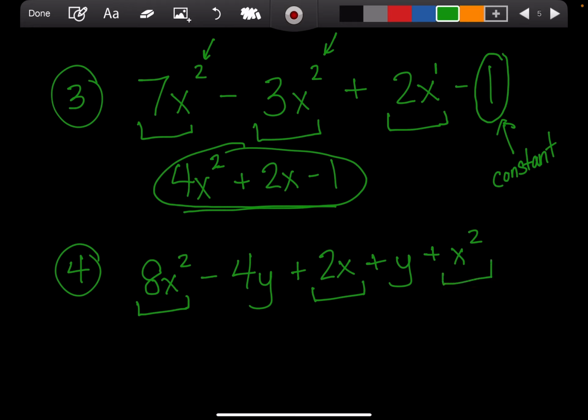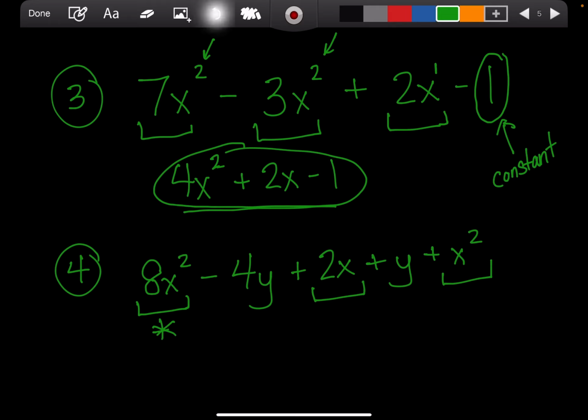Well, only 2 of them, 8x squared and x squared, only those 2 are like terms, not 2x. Because x only has an exponent of 1 there, and therefore its exponent doesn't match the other 2 exponents.